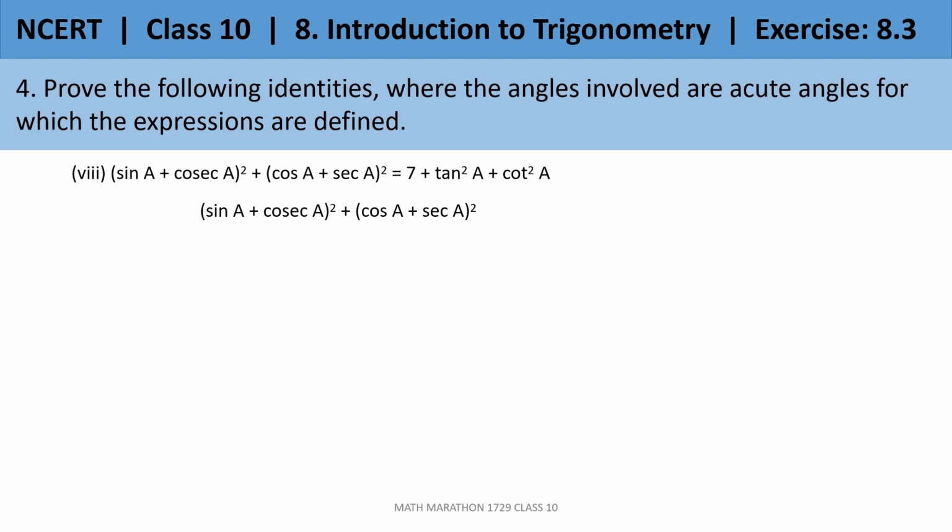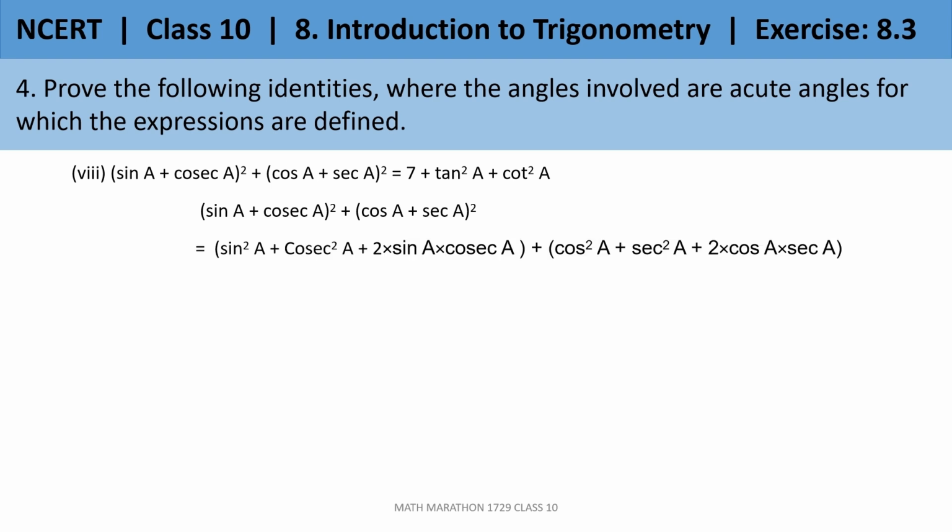A plus B whole square is equal to A square plus B square plus 2AB is equal to sin square A plus cosecant square A plus 2 sin A cosecant A plus cos square A plus secant square A plus 2 cos A secant A.